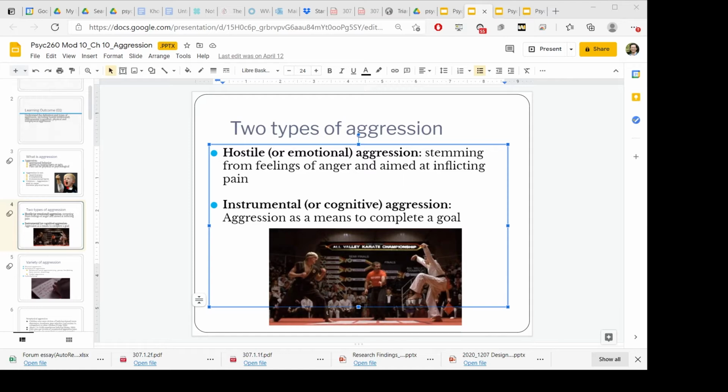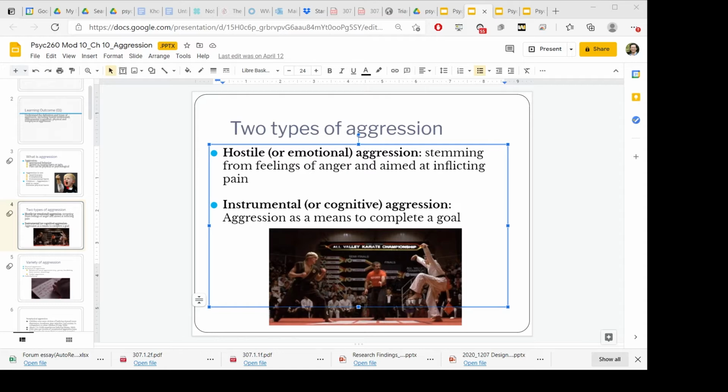But if you beat someone up in an MMA or karate tournament, when the goal is literally to fight and win the trophy, then that would be instrumental aggression, because you're trying to defeat someone to complete a different goal, not necessarily to inflict pain on that person.